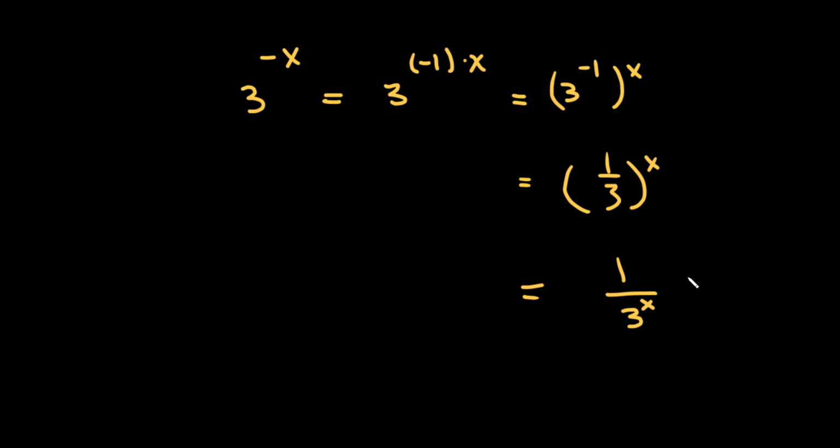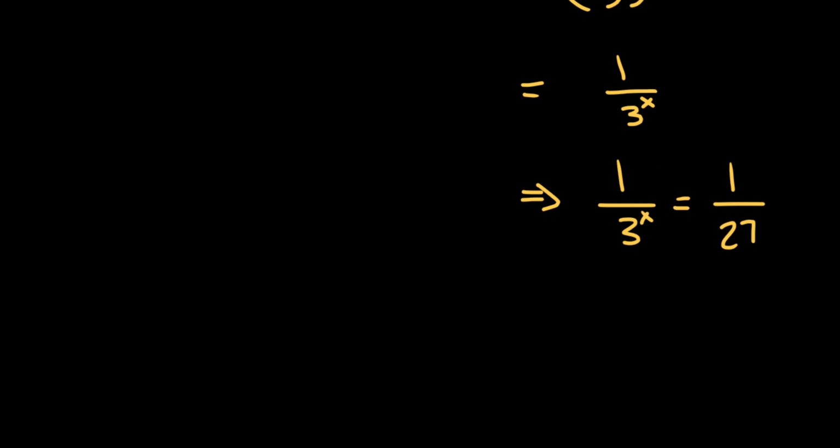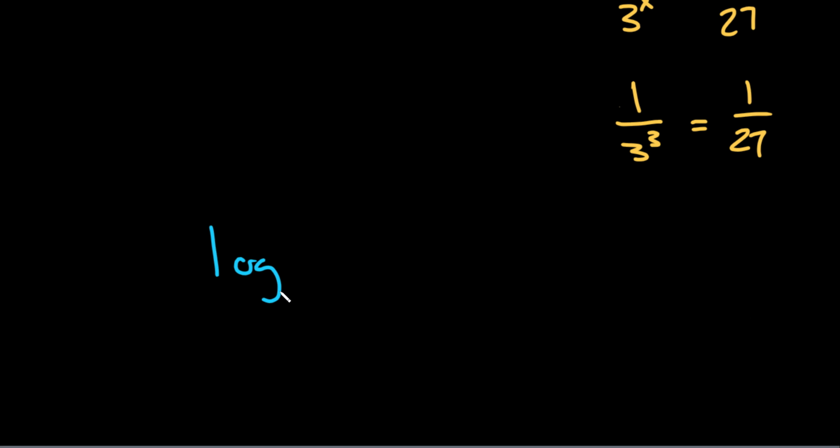We see this is how we can get 1 over 3 raised to some positive power. Now, we just have to remember what power we must raise 3 to if we want to get 27. And hopefully you remember 3 to the third is 27. Putting it all together, we get that log base 3 of 1 over 27 is -3.